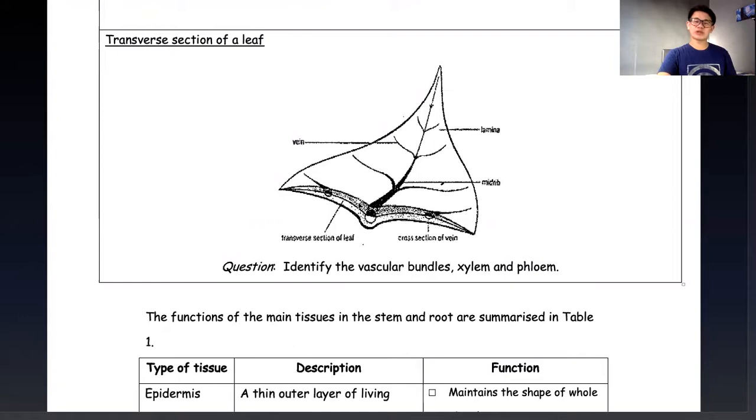And in the cross section of the leaf, this is also where you find the stomata. The lower surface of the leaves has a lot of stomata. When stomata are open, they allow gases to go in or out. When they are open during the day, they allow carbon dioxide to go in, but as a compromise, at the same time they also allow water vapor to go out.